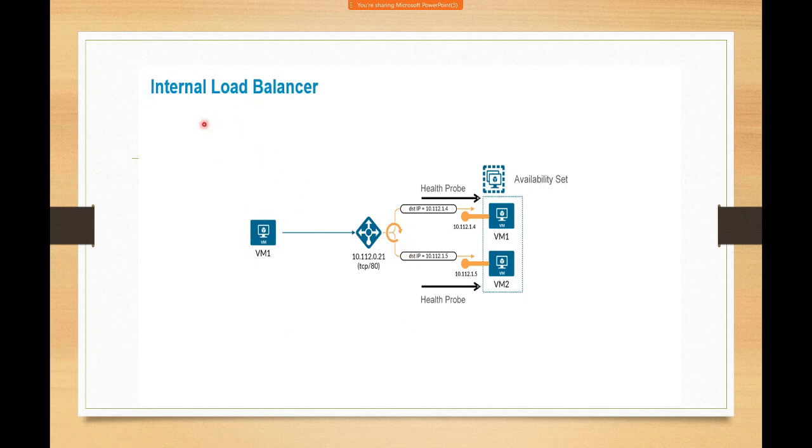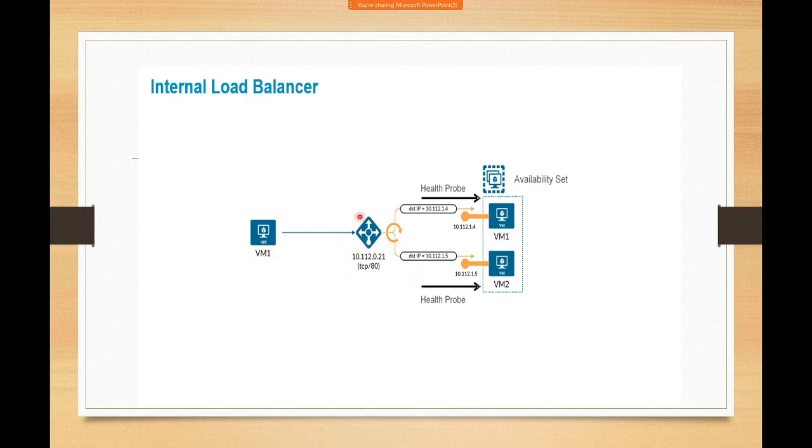As we are discussing the internal load balancer, let's assume this VM would like to go to the outside, and this is the internal firewall, and the internal firewall is VM1 and VM2. So we need to load balance the traffic, but without a load balancer it is not possible in this design.